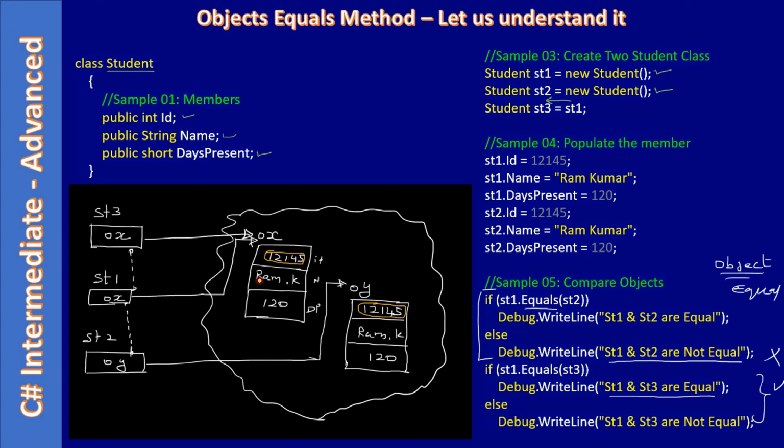It doesn't matter whether they hold the same name or attended the same number of days; those two pieces of information don't matter. When the ID matches, we can say two students are equal. It's up to the class creator's logic to tell when two students are equal.